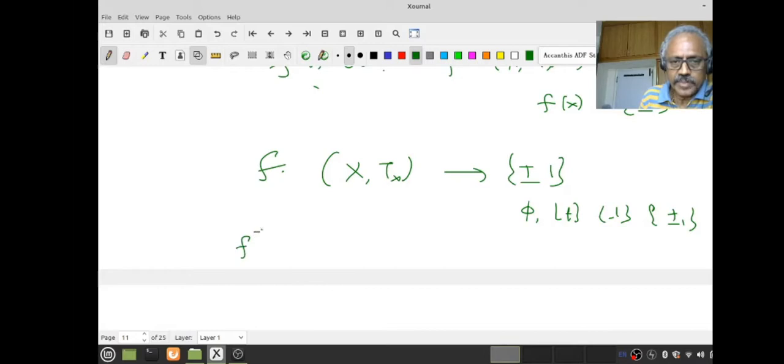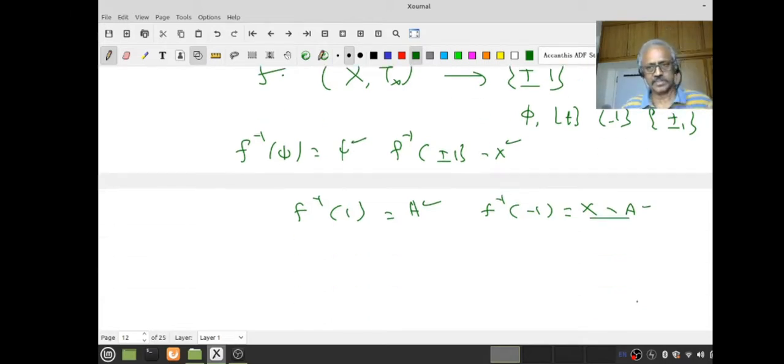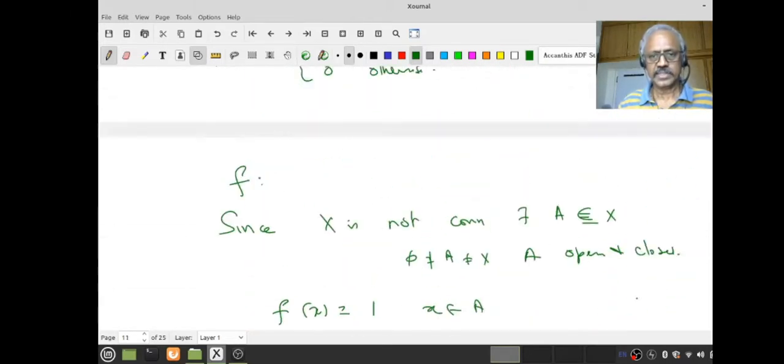Now what will be f inverse of the empty set? That will be empty. What will be f inverse of plus or minus 1? That will be X. What will be f inverse of 1? That is A. What is f inverse of minus 1? That is X minus A. And this is open, this is open, this is open, and since A is closed, this is also open. Therefore, I have proved f is continuous. Right? Do you understand that?